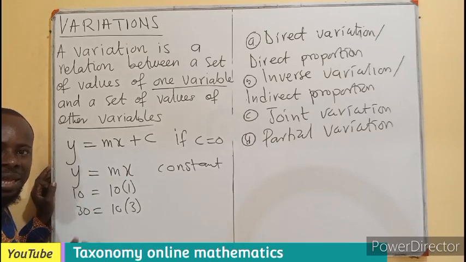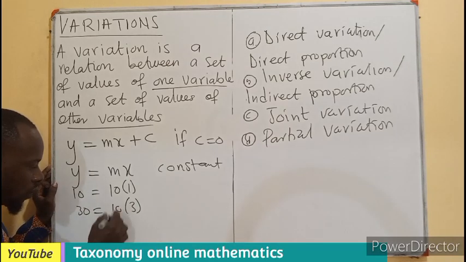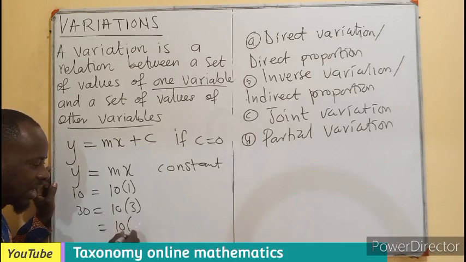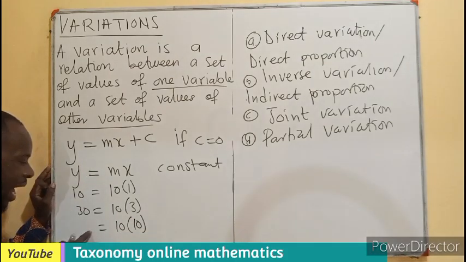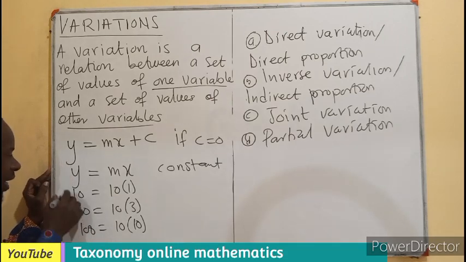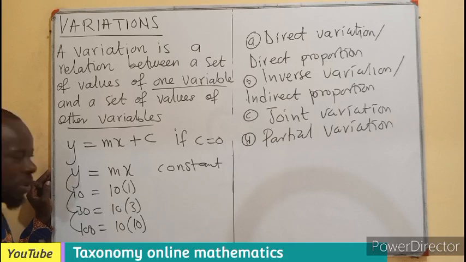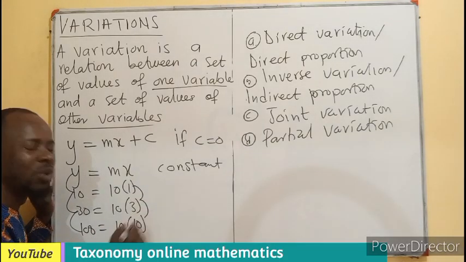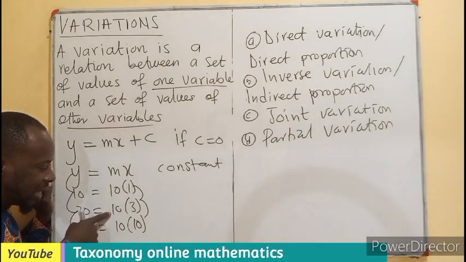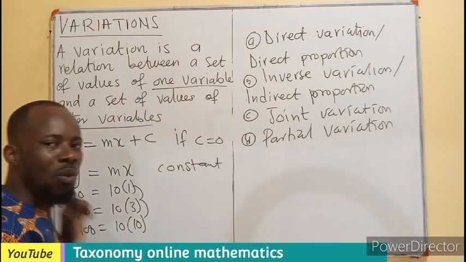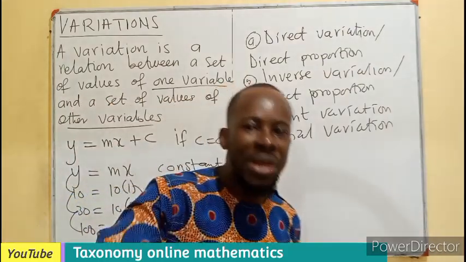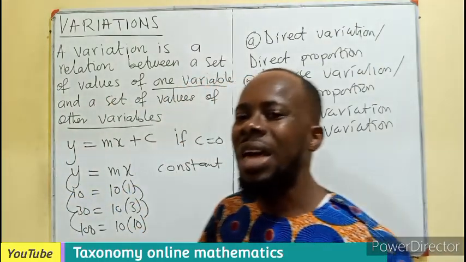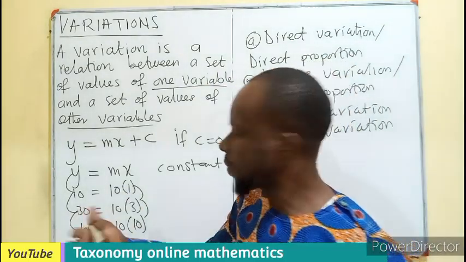Let's see, I want to buy 10 of the books. Don't forget, the cost is still 10. The quantity now becomes 10, so the amount to pay is now going to be 100. You can see there is always a change in the amount to pay and a change in the quantity, but this remains the same. So this is what I call the constant of variation, or the constant of proportion.